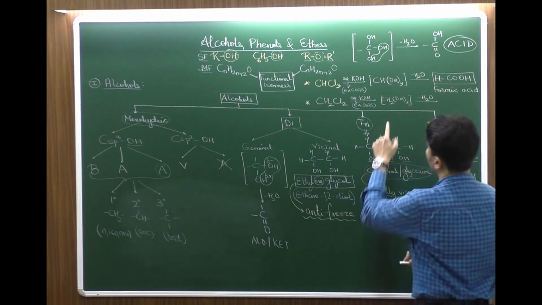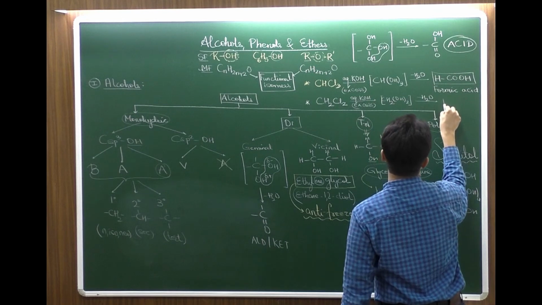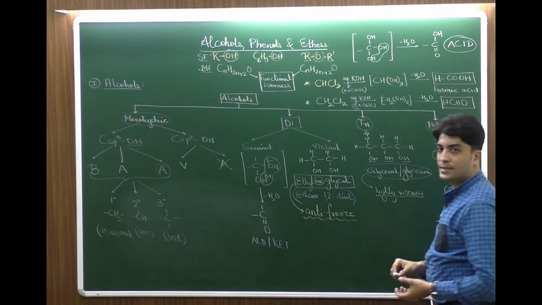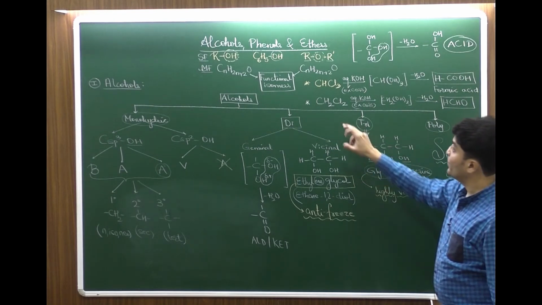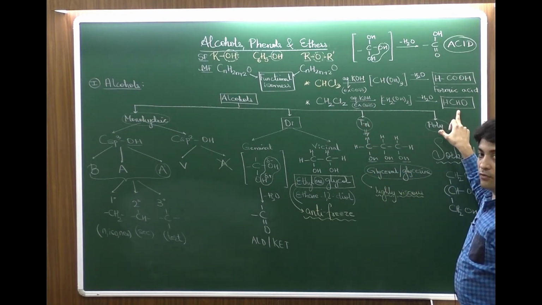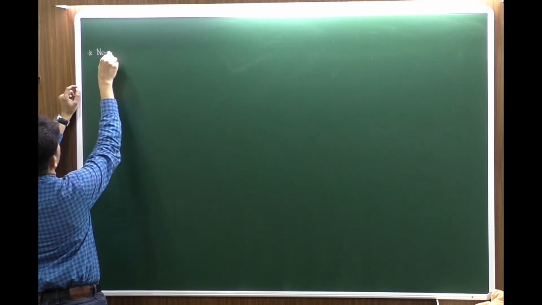And now, because of the 2H, it's going to give you an aldehyde, and one carbon aldehyde is nothing but formaldehyde. So a direct question can come, methylene dichloride on alkaline hydrolysis gives formaldehyde. Clear? Next, let's start with nomenclature.